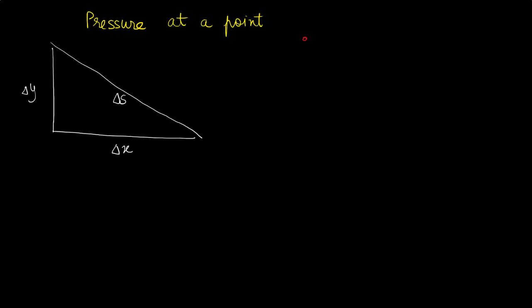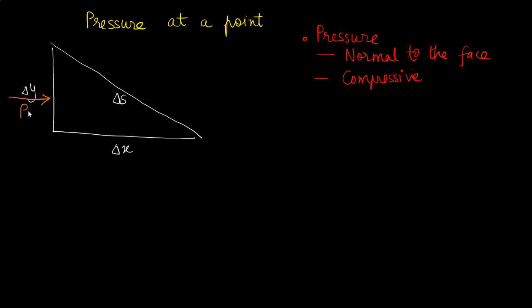Now we know that pressure always acts normal to the face, and it is compressive in nature. If that is the case, the pressure on this face will be this, and let us call it px. The pressure on this face will be py.